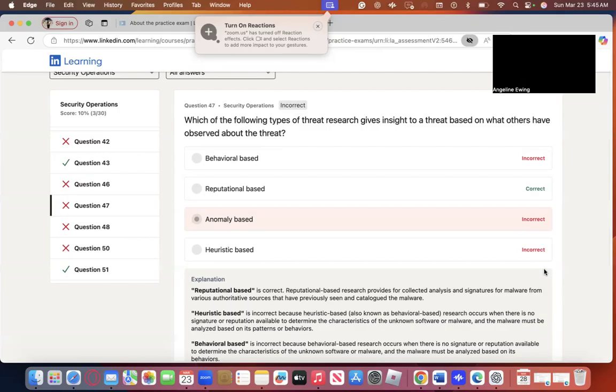Heuristic based is incorrect because heuristic based, also known as behavioral based, research occurs when there is no signature or reputation available to determine the characteristics of the unknown software or malware, and the malware must be analyzed based on its patterns or behavior.